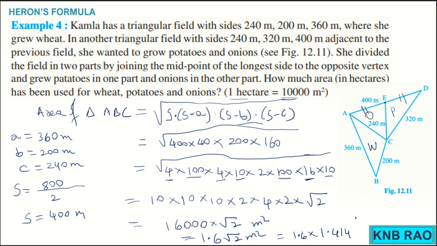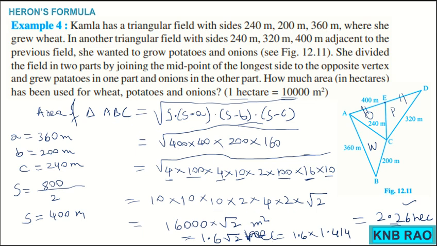You found it in class 8, how to find it using the bar method, long division type. So if you calculate this, you will get 2.26 hectare. Sorry, here I have to write hectare, not square meter. So 2.26 hectare will be the area of triangle ABC.